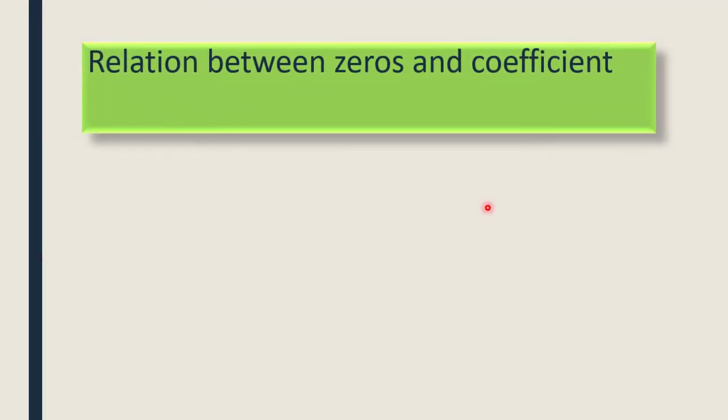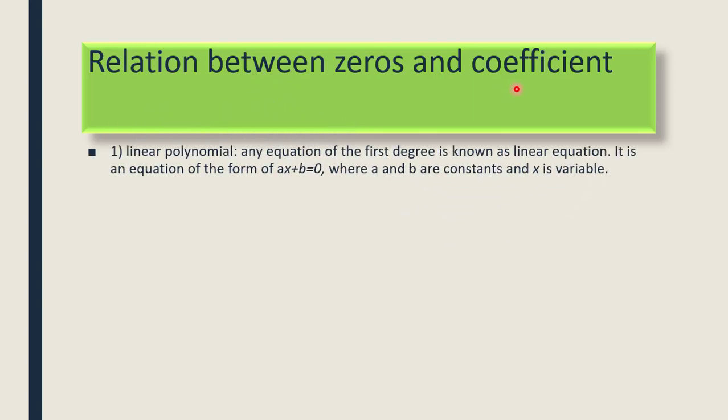Next, relation between zeros and coefficients. First, linear polynomial. Any equation of the first degree is known as a linear equation. It is an equation of the form ax + b = 0, where a and b are constants and x is a variable.